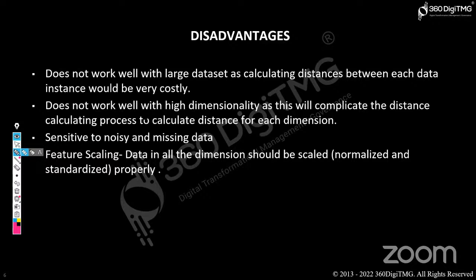It does not work well with high dimensionality, as this complicates the process of calculating the distance for each dimension. KNN is also sensitive to noisy and missing data. And feature scaling means data in all the dimensions should be scaled, that is normalized or standardized.